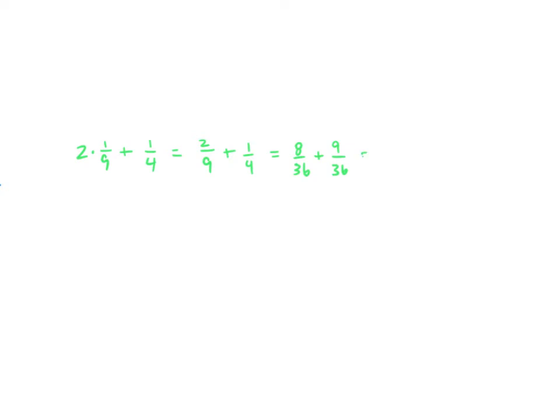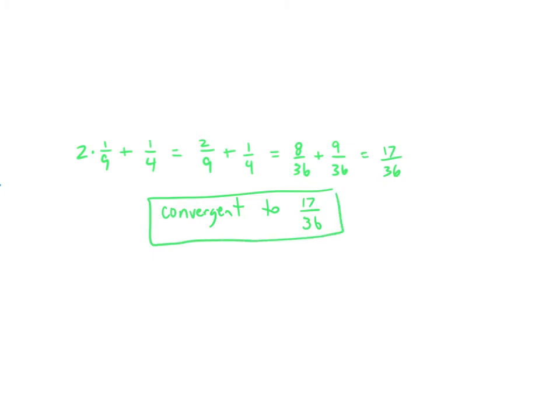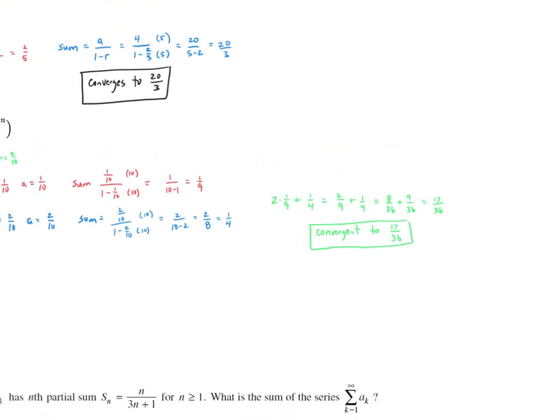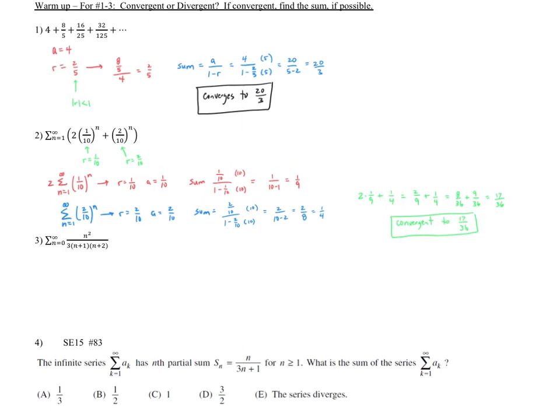So common denominator, now we can add up our fractions, and we get 17 over 36. So we would say that this series is convergent to 17 over 36. So that's another example of a geometric series. Right now, that's probably the most common one that we've learned.